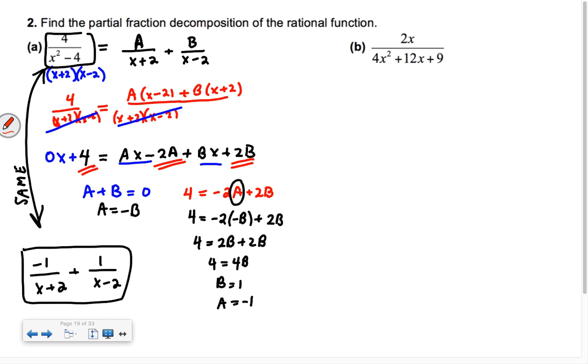So we're going to factor the denominator. If you notice, it's going to be 2x plus 3 and 2x plus 3. In other words, it's 2x plus 3 squared. So this is one of those that has a repeated factor.